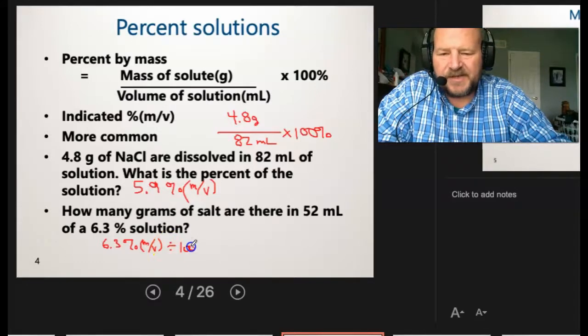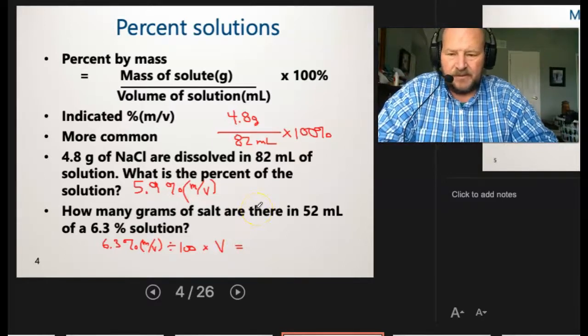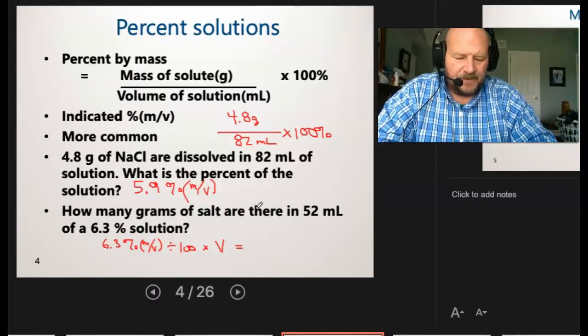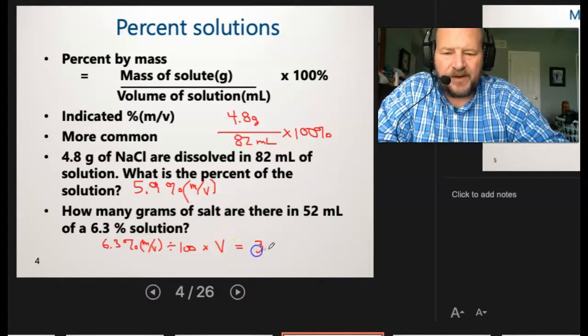That's going to get rid of the percent and give me a decimal format. Then I can multiply by the volume, and that'll give us our mass. So I'm going to take 6.3, divide by 100, then times the 52 milliliters, and that tells me it's 3.3 grams.